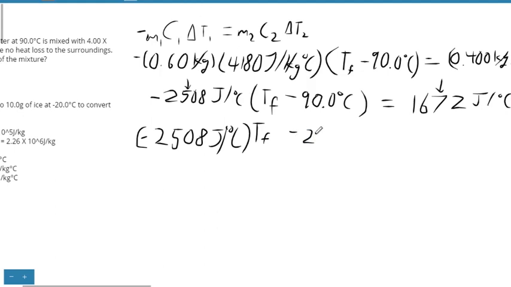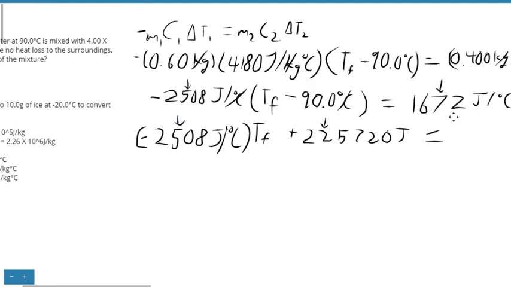Oh, and the negatives cancel out, so it's positive 225720. And the unit is joules because the C's cancel out. And for the sig figs, this one has 2, this one has 3, so we make it have 2.